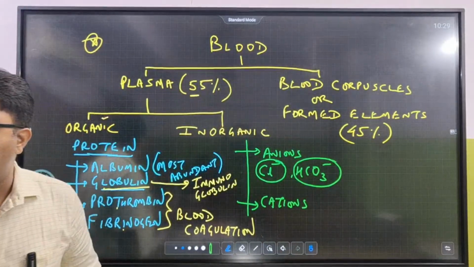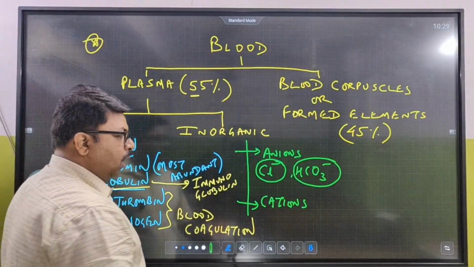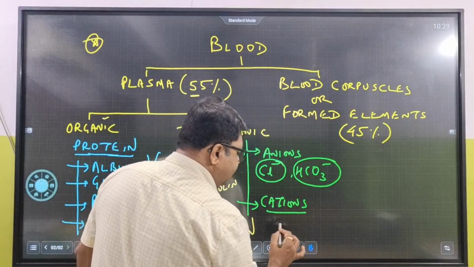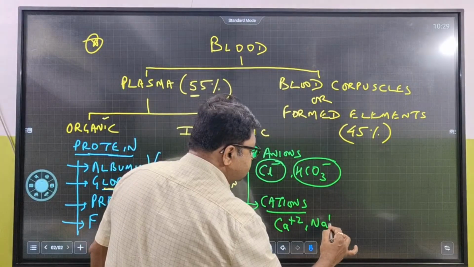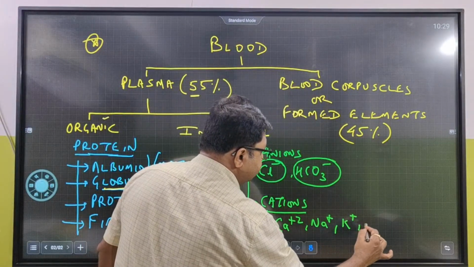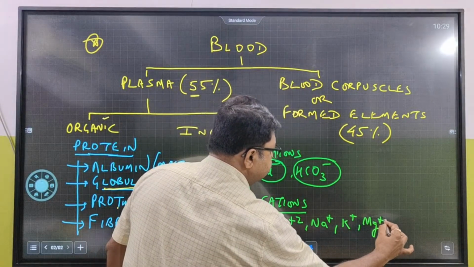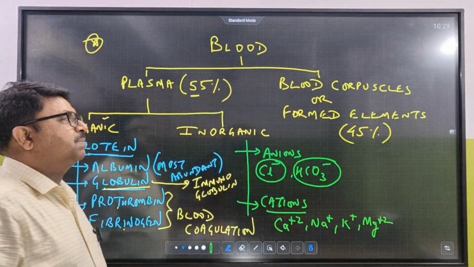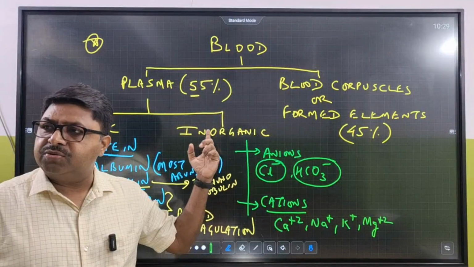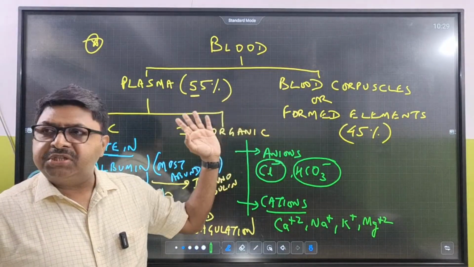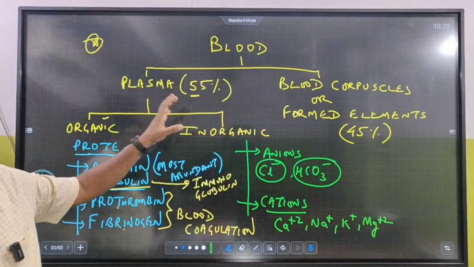Clear? Cations, when we talk about cations, help me with some. It is Ca2+, Na+, K+, Mg2+. So these are the cations present inside the plasma, in the inorganic portion. Any issues about that? So this is the classification of plasma.